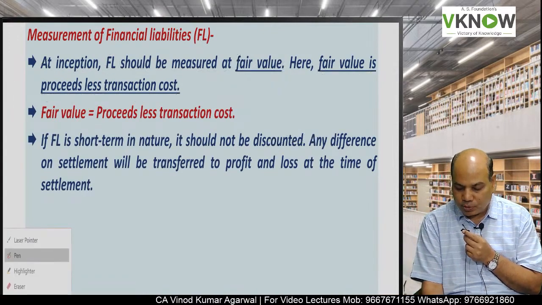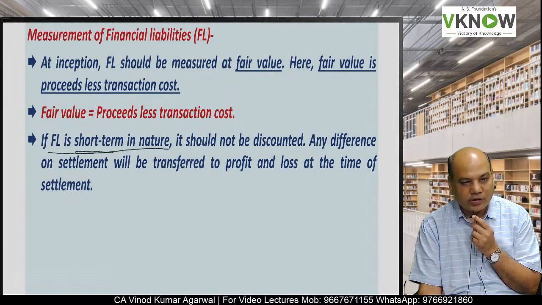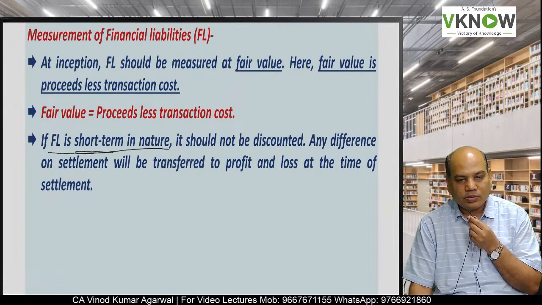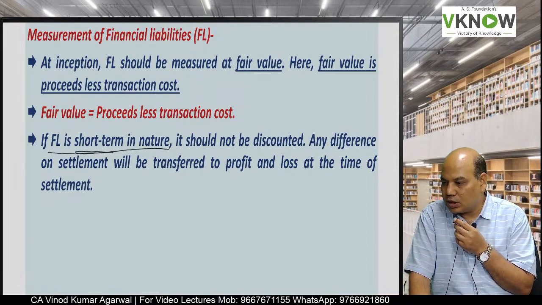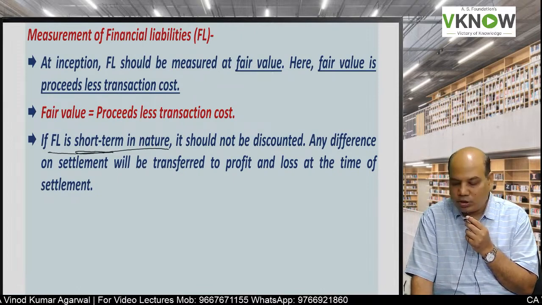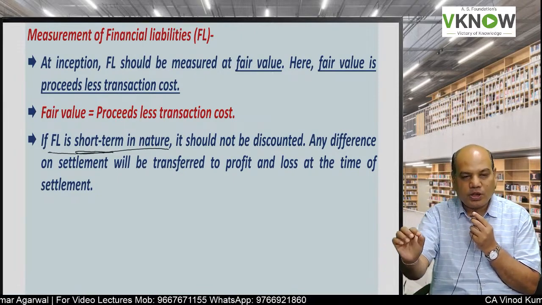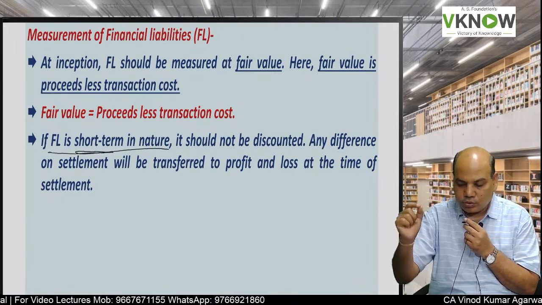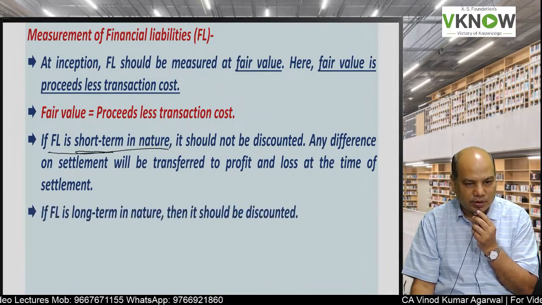Now next, some important points to be kept in mind. If financial liability is short term in nature, so usually your creditors, bills payable, short term borrowing which is below 1 year, then these are not discounted. No discounting, no complicated accounting required. Simply the difference between the settlement amount and the book value will be transferred to P&L account at the time of settlement.